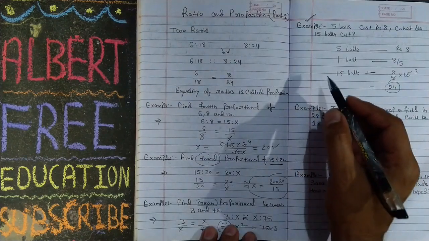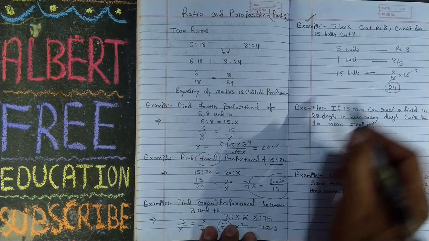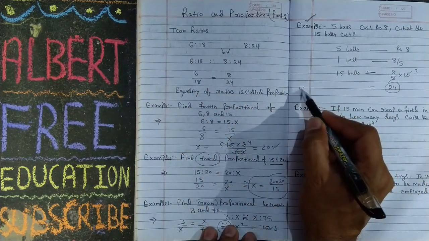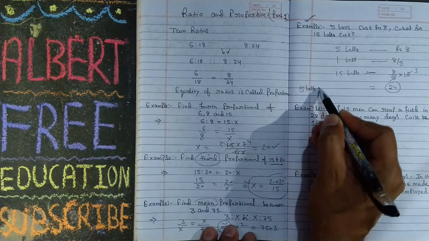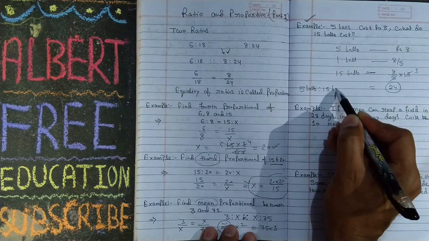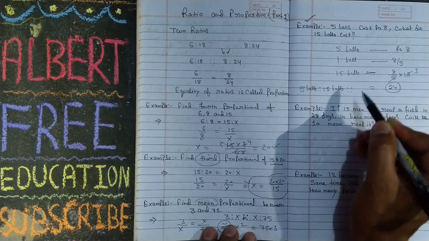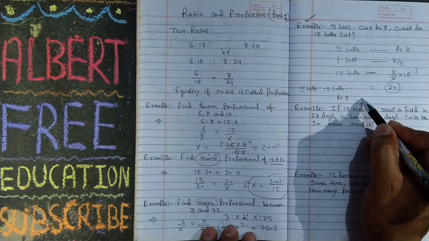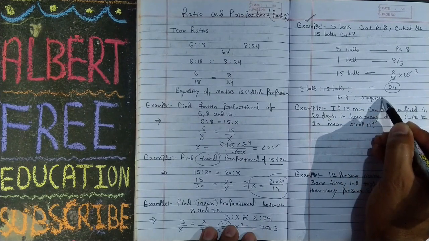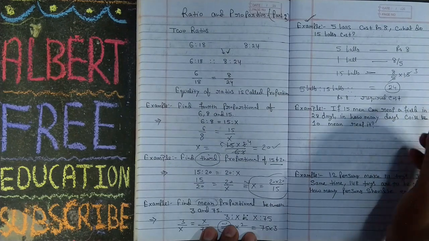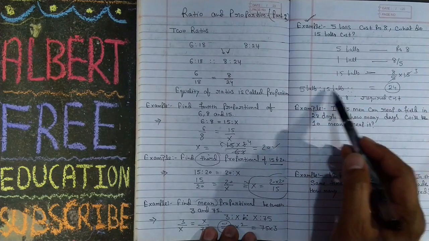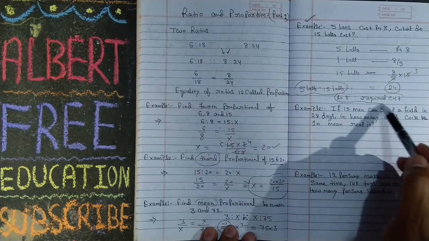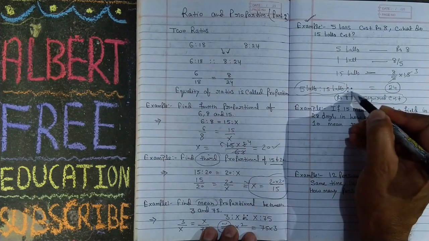So you will write this value in this manner: 5 balls ratio 15 balls proportional ₹8 ratio required cost. You must note one thing: you are comparing this and this, that is the equivalent.